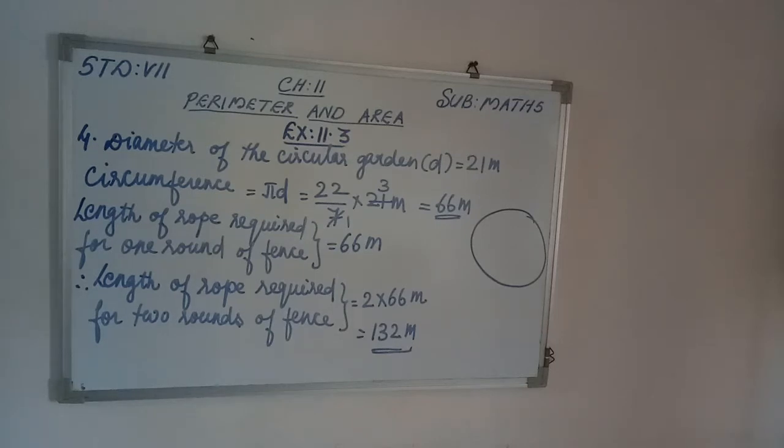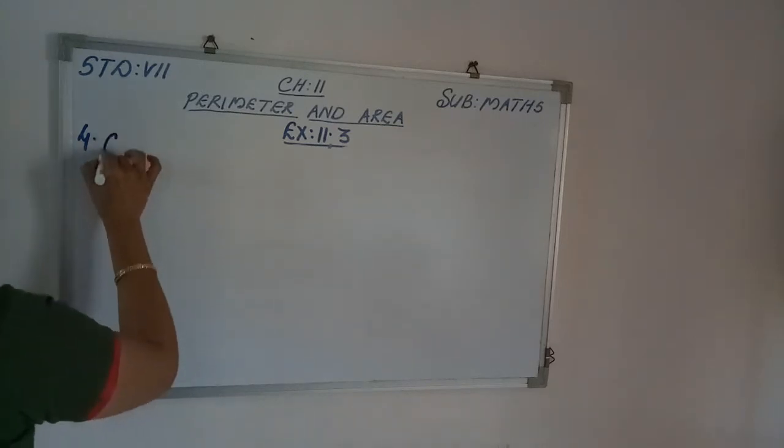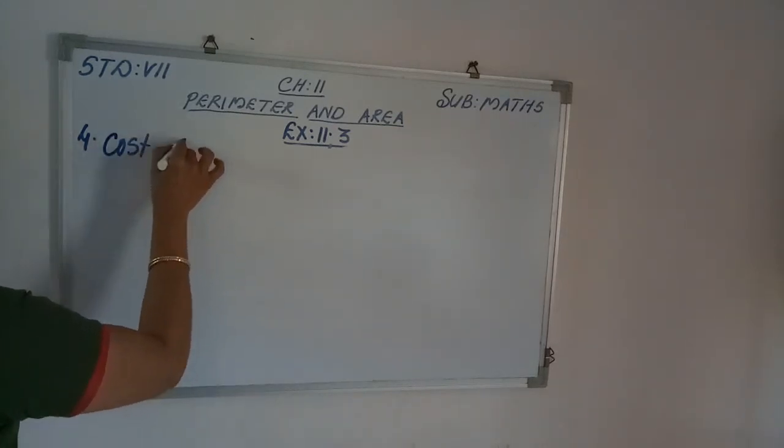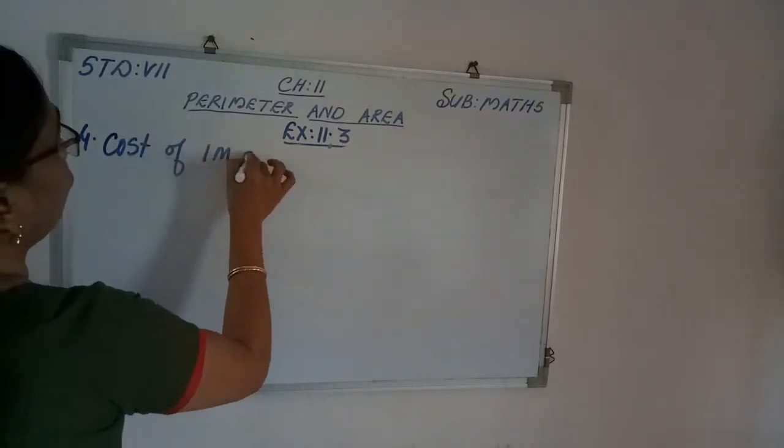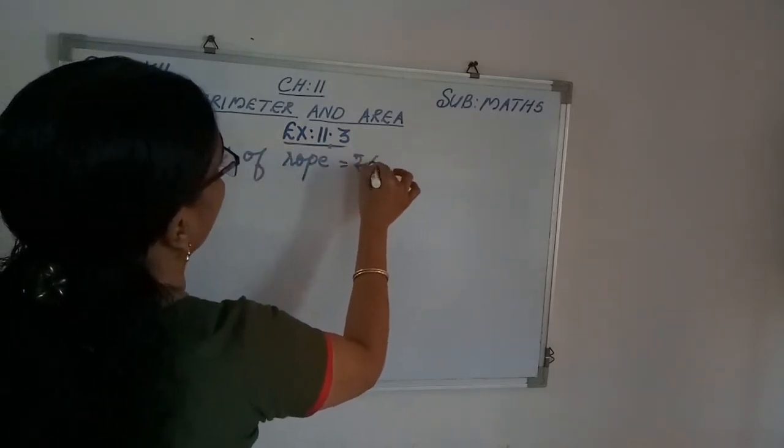That means 1 meter of the rope costs rupees 4. Then you have to find out total cost of 132 meter of rope. Cost of 1 meter of rope is equal to rupees 4.